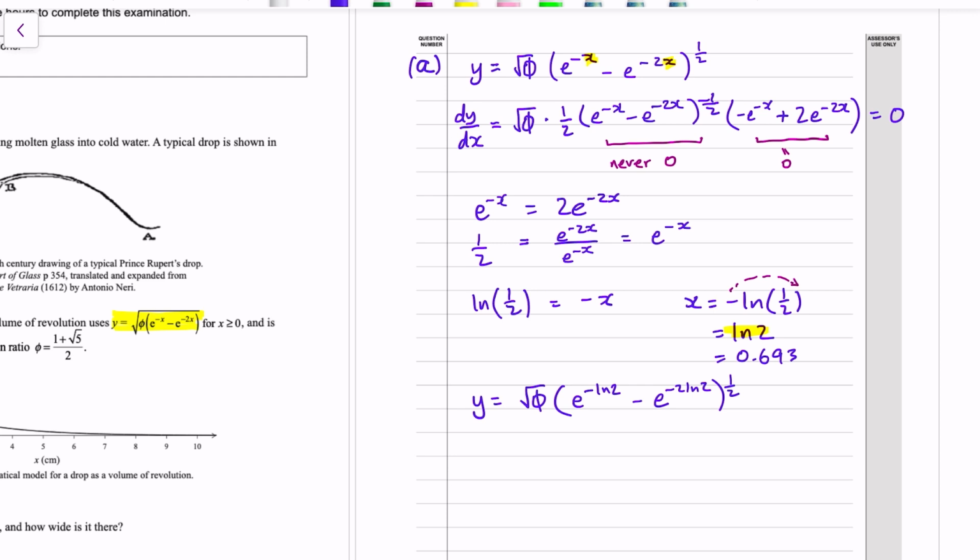We have to do the same sort of maths here with the minus needing to go up the top there, and the minus 2 goes up the top there. That will enable us to simplify the log stuff. So we've got e to the minus ln 2, which is the same as e to the ln 2 to the negative 1, minus e to the ln 2 to the negative 2. The e and the ln are inverse functions, so they can cancel.